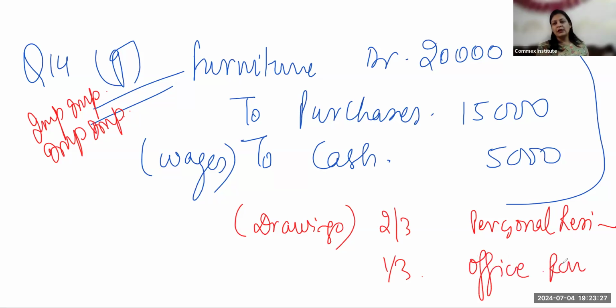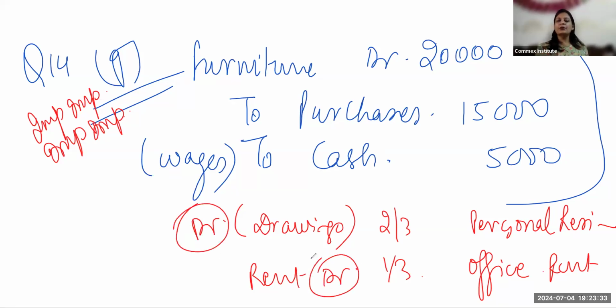Office rent. So rent will be debited. What you are paying for personal use, the drawings account will be debited. So if you're paying a total rent of 15,000, 10,000 out of it is for personal residence. So 10,000 will be debited in the name of drawings and the remaining 5,000 will be debited in the name of rent, right?